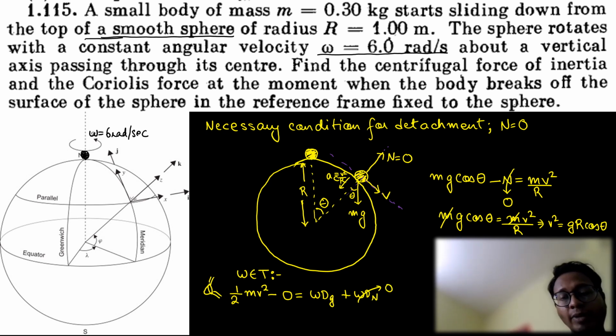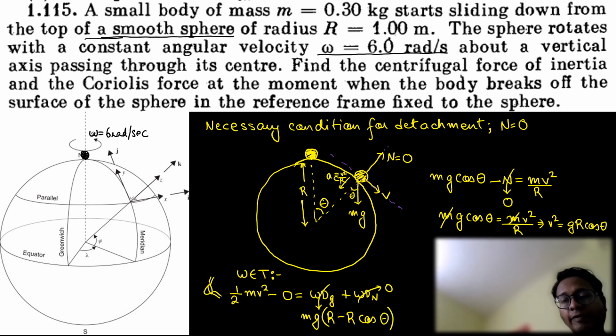Now what is the work done by gravity force? It is the force of gravity times this much distance. This distance is r minus r cos theta. If you take r cos theta, you get this much, and r minus r cos theta is this much. So the work done by gravity is mg times (r minus r cos theta).